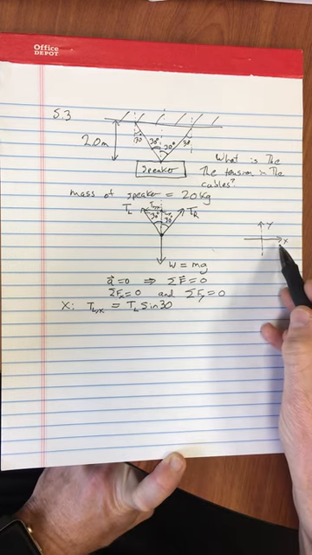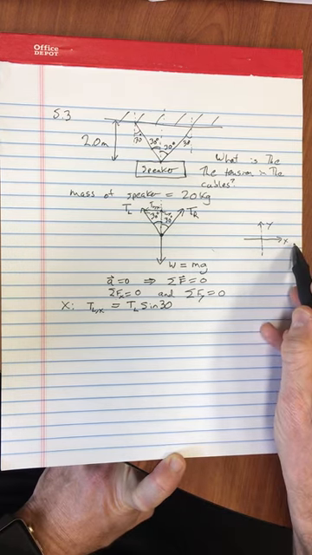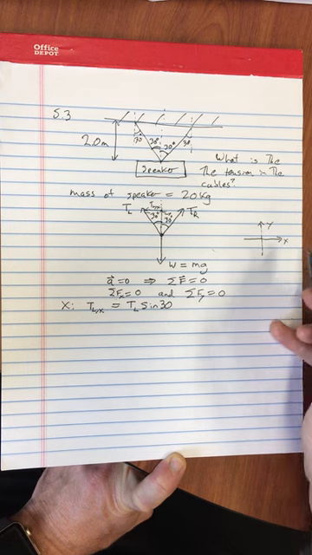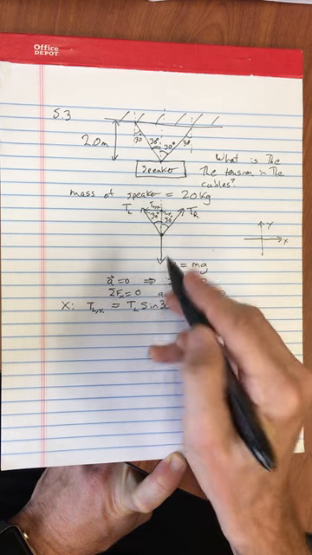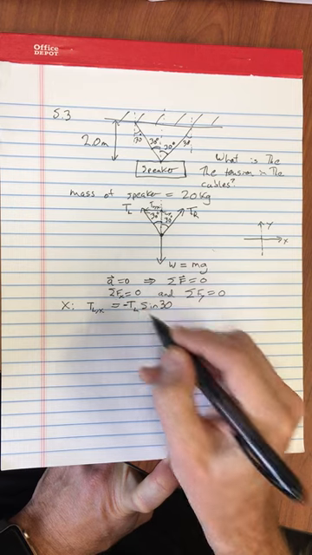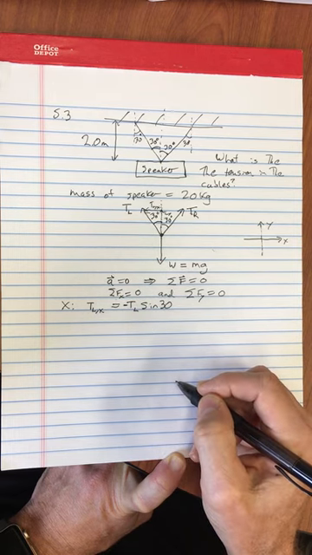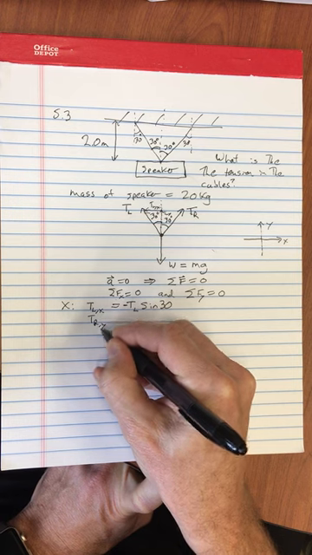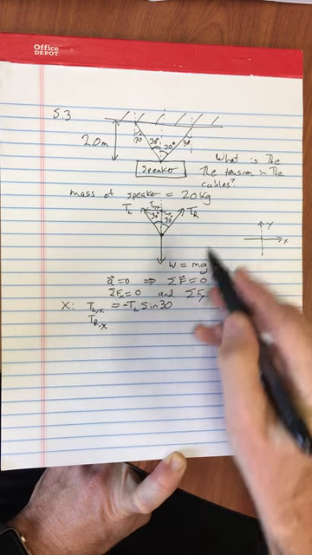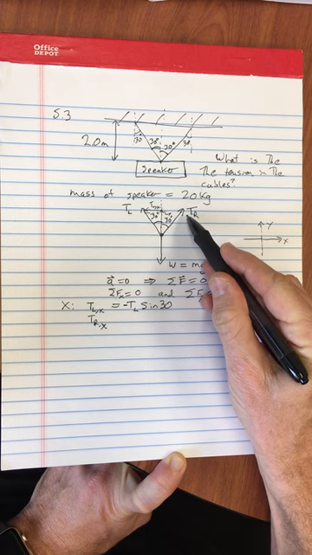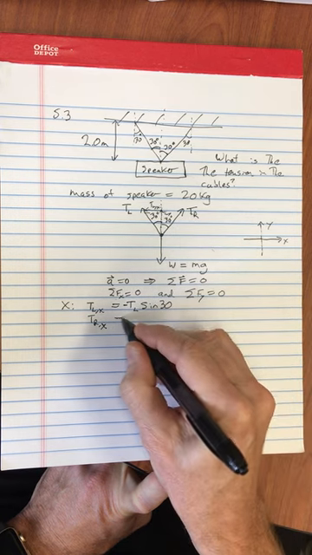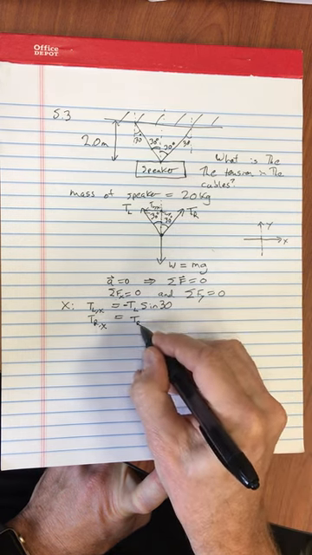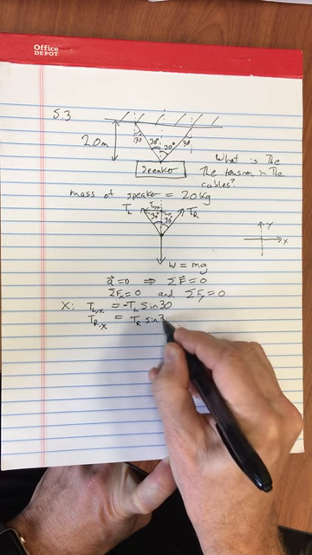Now, I've identified my coordinate system with x to the right being positive. TLX points to the left, so I'm going to put a minus sign on that. TRX, the x component of the tension on the right, is also TR sine 30.